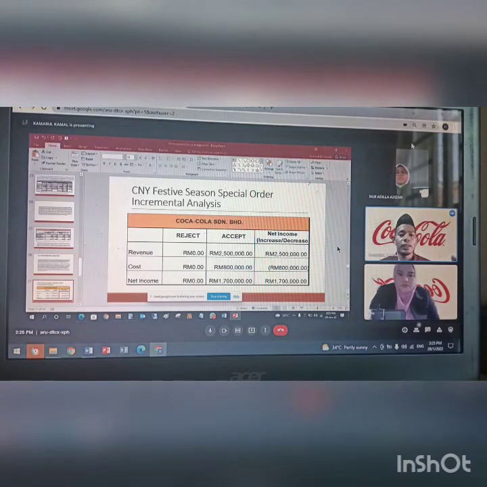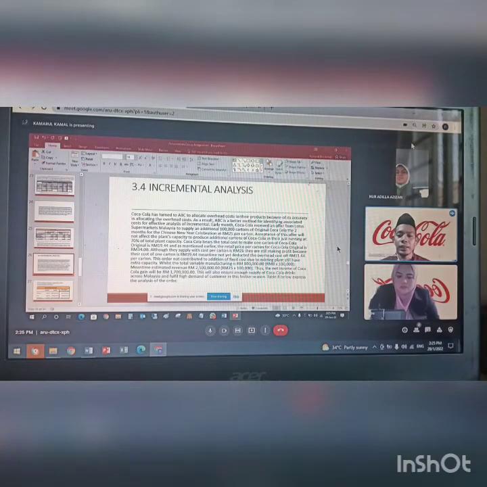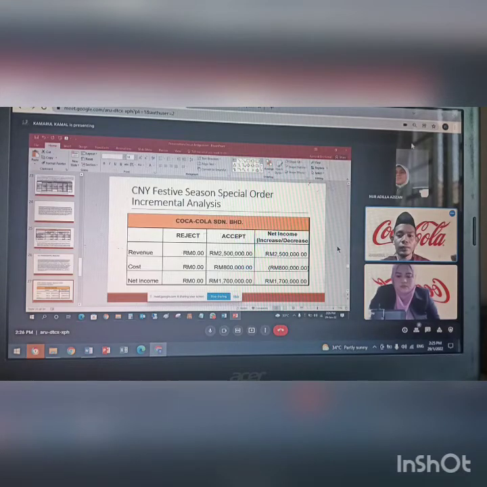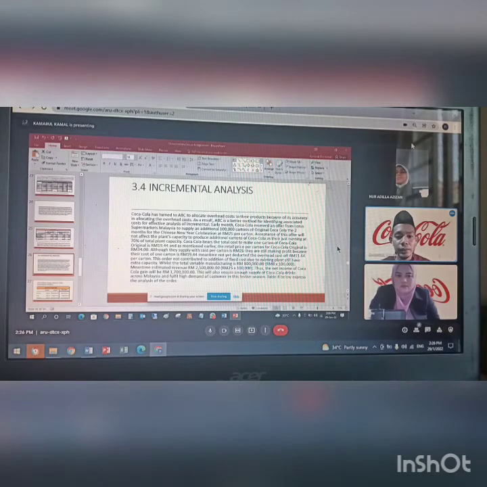I have done a little calculation based on a new demand for Chinese New Year. The new supermarket, Lotus, is requesting our supply of about 100,000 cartons for this last year's Chinese New Year festive season, but the request is only for RM25 per carton.